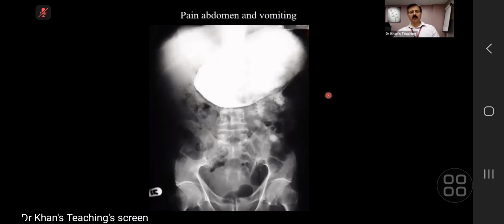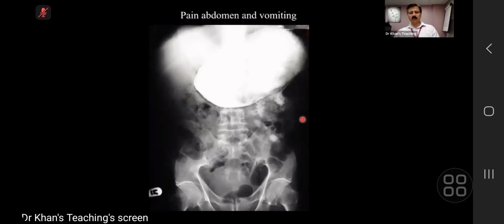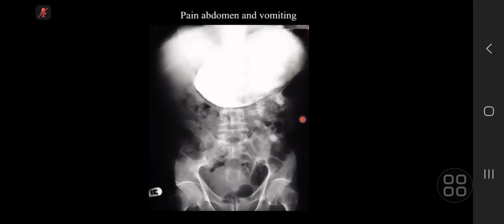That is the stomach, you were right. The point is, where is this air? So the air must be peritoneal. Can it be within the wall? It could be. So that could be a pneumatosis of the stomach. Yes.